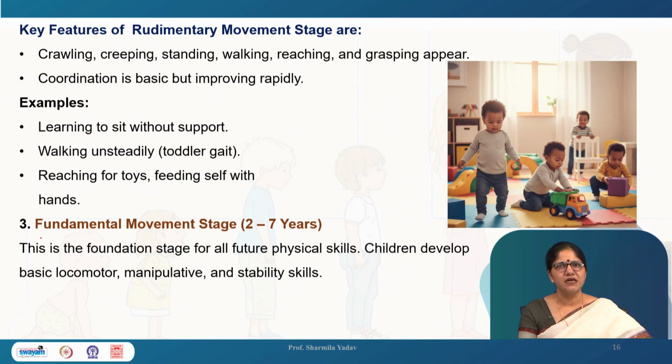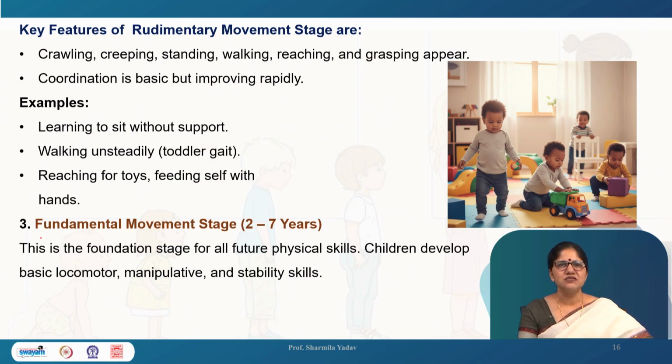Coordination is basic, but it is improving rapidly. Examples from daily life, from your experiences as a parent or teacher: learning to sit without support, walking unsteadily, toddler gait, reaching for toys, feeding self with hands.